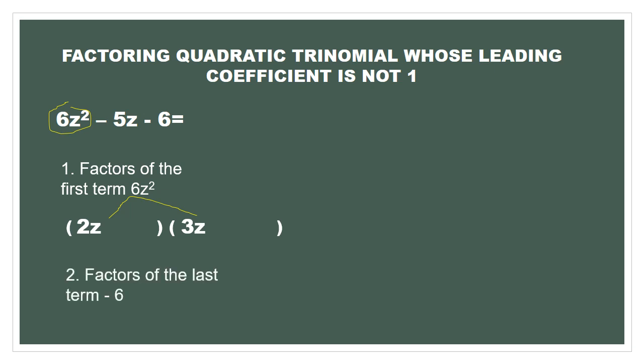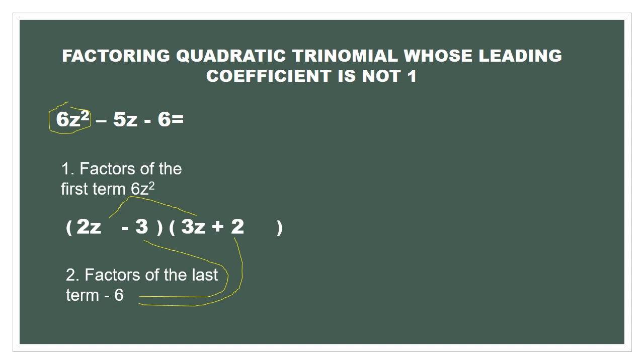Next is factors of the last term, which is negative 6. Ito by trial and error din, ha? Pwedeng sumubok, magsagot, tapos pag nagkamali, try ulit ng ibang mga factors. Factors of negative 6, we have negative 3 and positive 2.